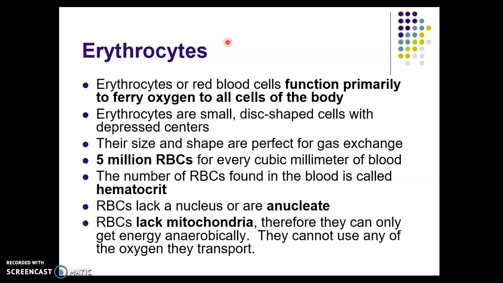They lack mitochondria because mitochondria use oxygen to make ATP. And if they were using oxygen to make ATP, they would be like Smeagol from The Lord of the Rings with his "My Precious." It would not want to let go of oxygen if it used it to make ATP. So they only rely on anaerobic respiration.